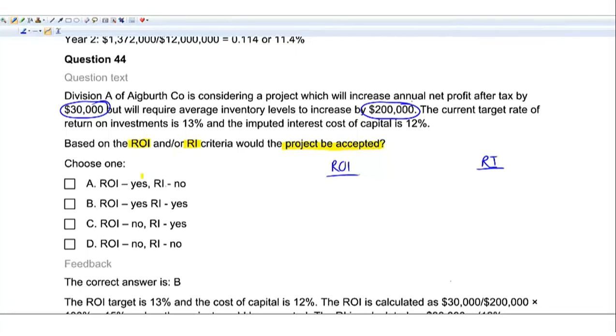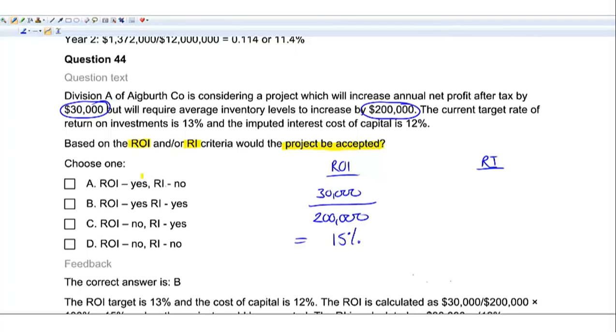So the return on investment is the profit that the project generates, so it will increase profitability by 30,000, but we require an additional investment, an investment in inventory of 200,000. So if we take one over the other, the project will have a return on investment of 15%.